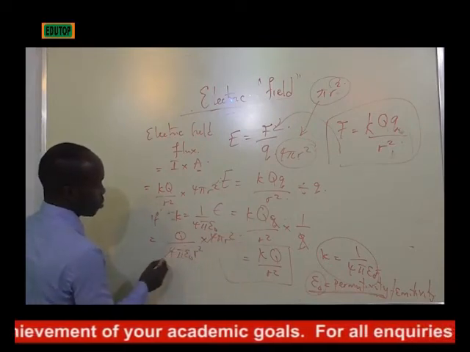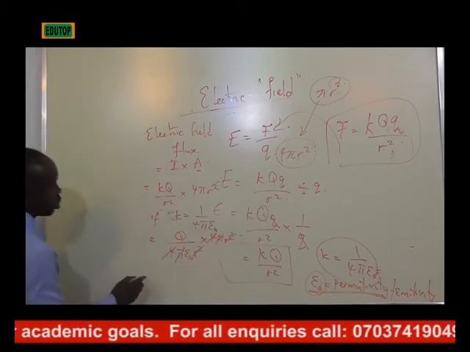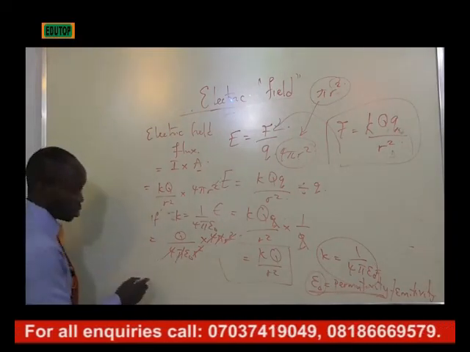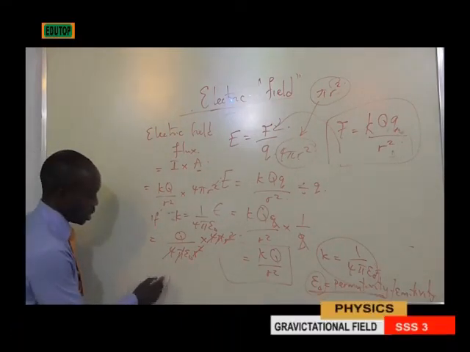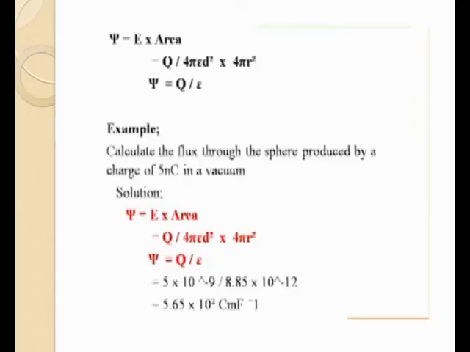So 4 cancels 4, pi cancels pi, your R squared cancels R squared. Therefore, your electric field flux, denoted by this sign, will give you Q all over E naught. This is the formula for your electric field flux.